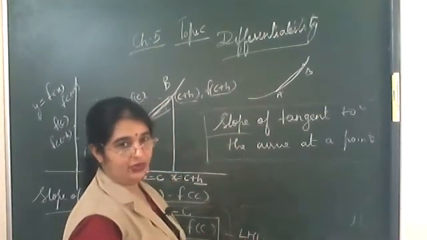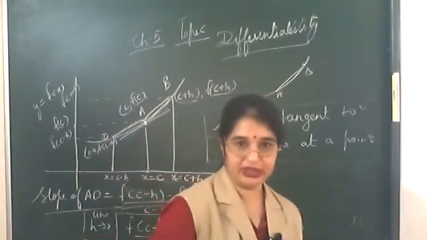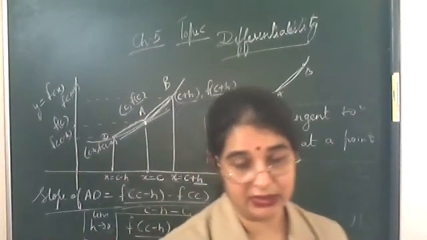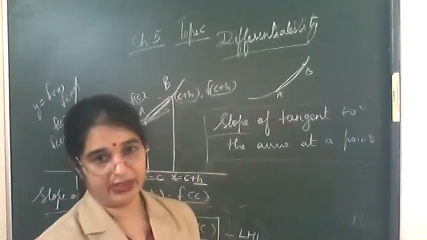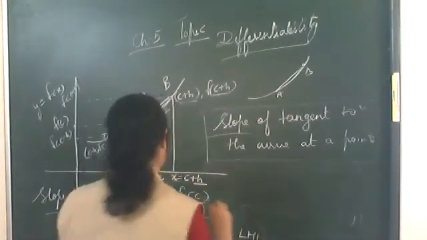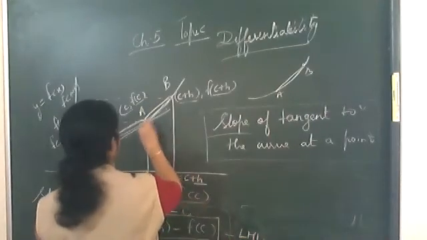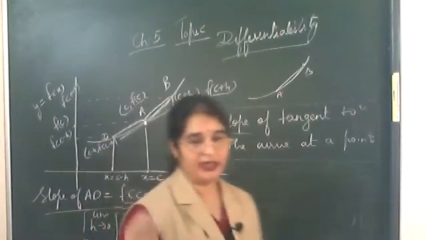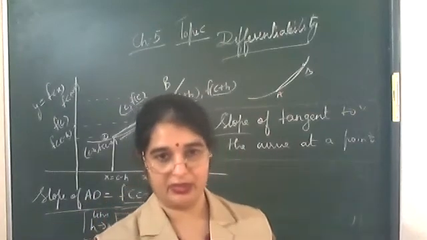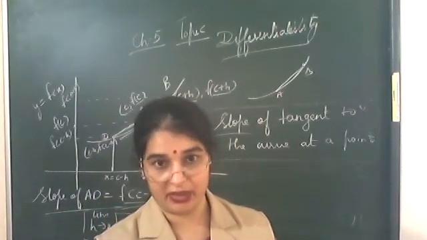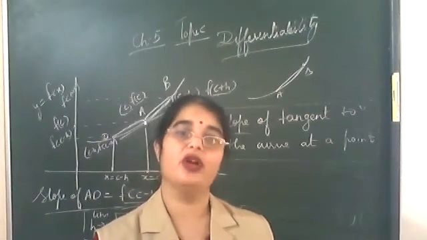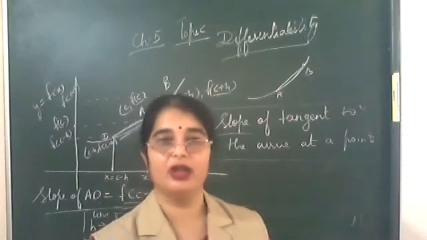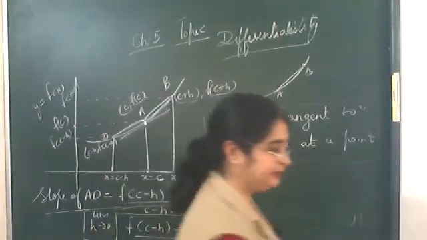Clear? So if you want to check whether a function is differentiable or not, you have to find out whether the left hand derivative is equal to the right hand derivative. And one more thing, this tangent should be unique. You cannot draw many tangents, or if at any point you cannot draw the tangent to the curve, then the function is not differentiable. And if you can draw multiple tangents at a particular point, then also the function is not differentiable. Is that clear?